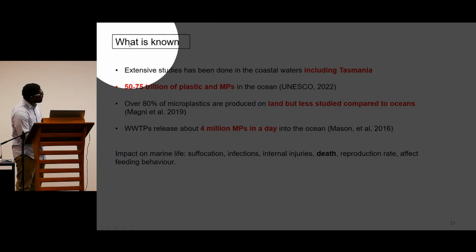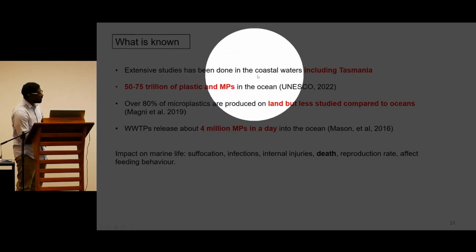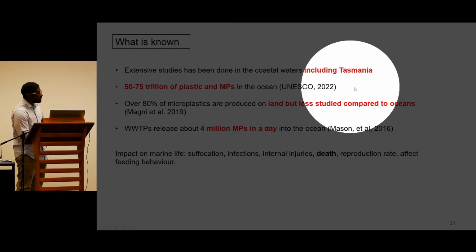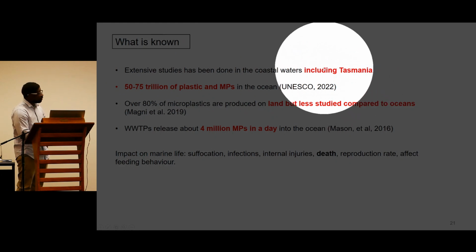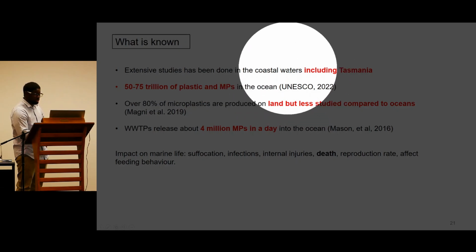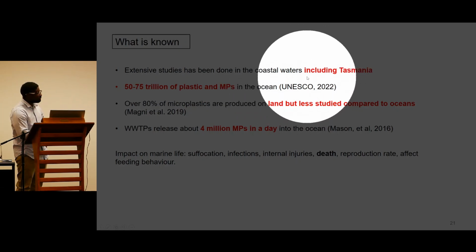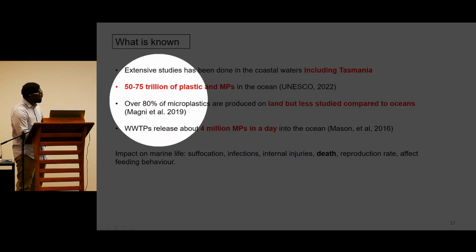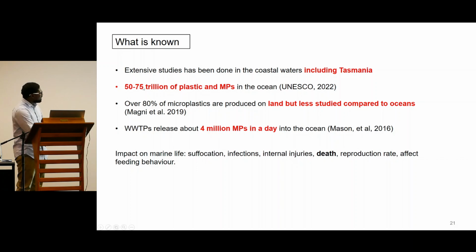If you look at the first one, extensive studies have been done in coastal waters, including Tasmania. Lots of studies in the ocean have found that there are lots of microplastics in the ocean and coastal waters in Tasmania as well. Research has estimated that the ocean contains about 50 to 75 trillion plastics as well as microplastics.